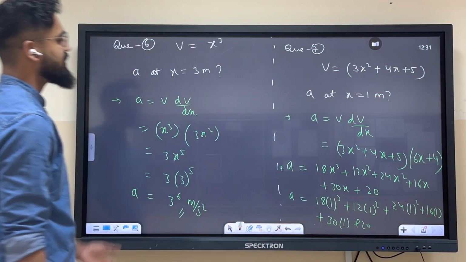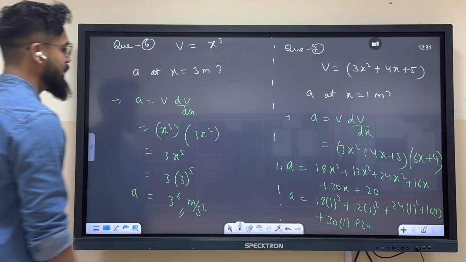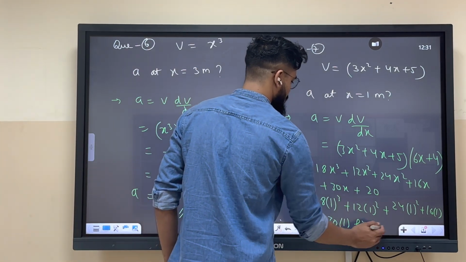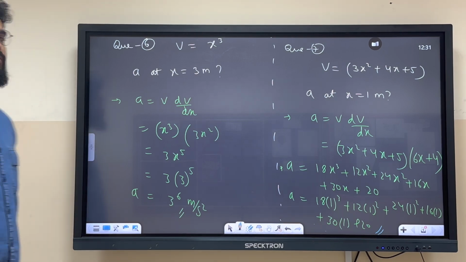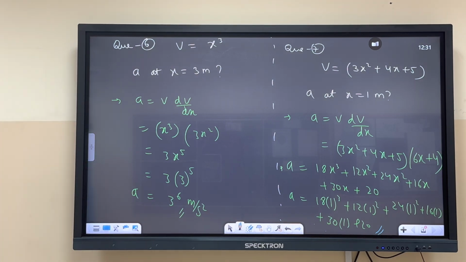Whatever is the answer is the correct answer. So just put the value and get the answer. I hope all these questions are pretty clear to all of you. Correct? Chalo. Done, guys?